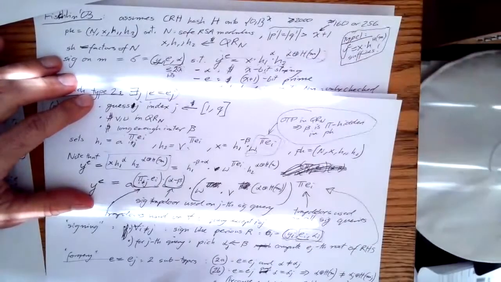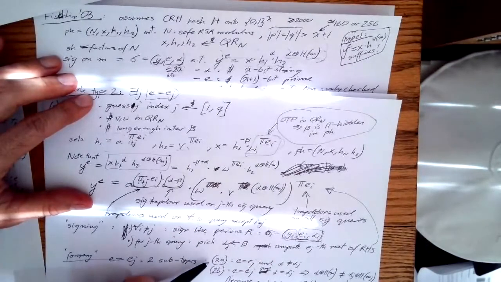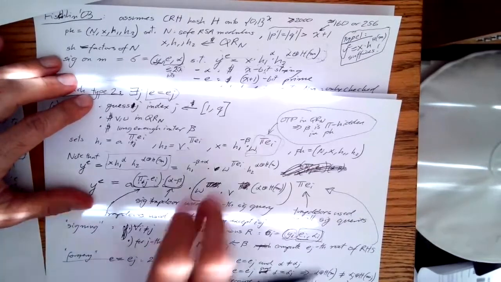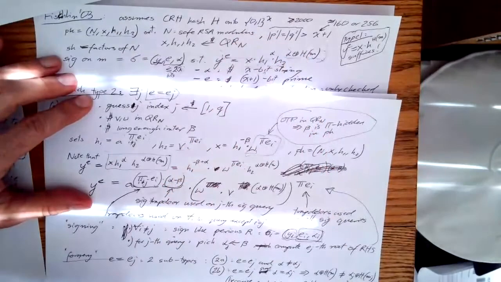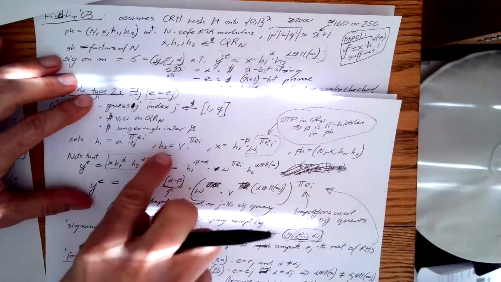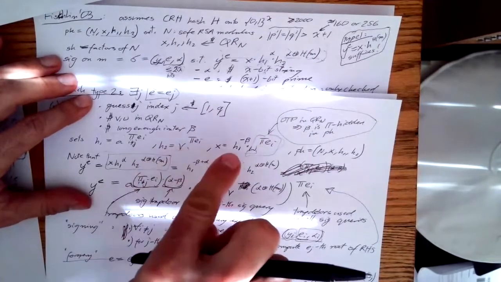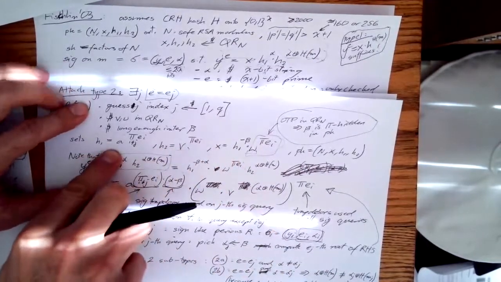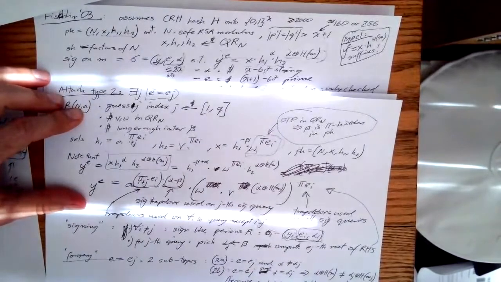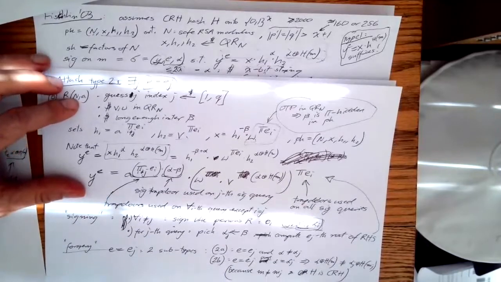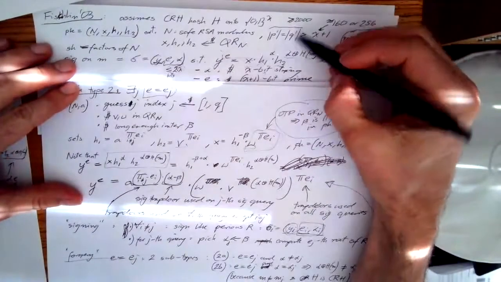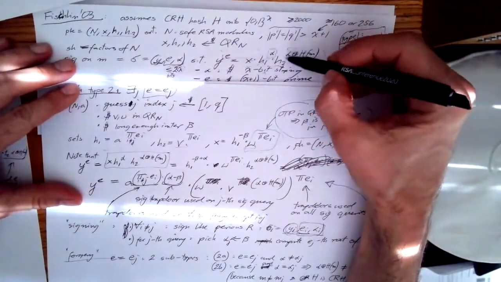These two cases, 2a and 2b, are symmetric. We will show only one case, but if you consider the other, it is completely symmetric; just switch the roles of H1 and H2. So in other words, make H1 this way and H2 this way. Nothing else will change. That's also the beautiful thing in Fischlin.